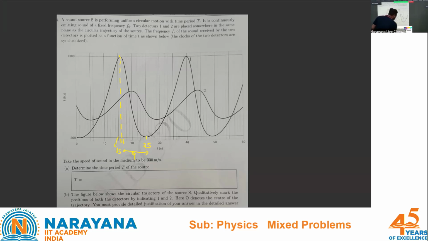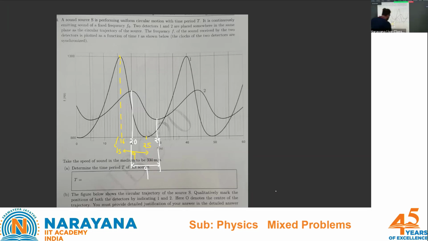Even if you observe the other graph here, this value is 20, and he is also observing this value, which is 29. So in the other graph also, there is a gap of 9 from max to min. The same gap, 9 seconds.